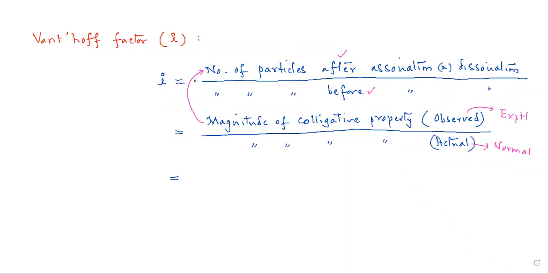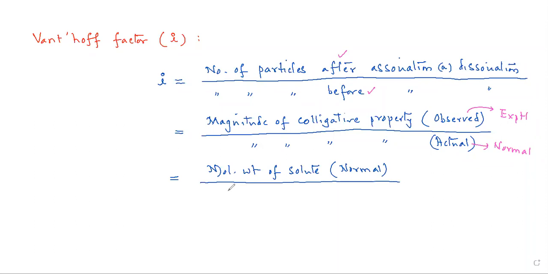Similarly, observed by actual. But when we go for the molar mass or the molecular weight, it will be the molecular weight of solute normal or actual by observed, because this is inversely proportional.